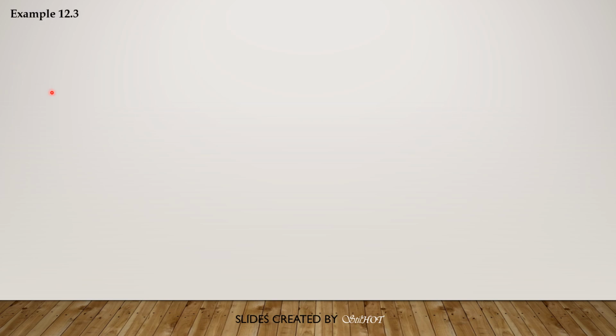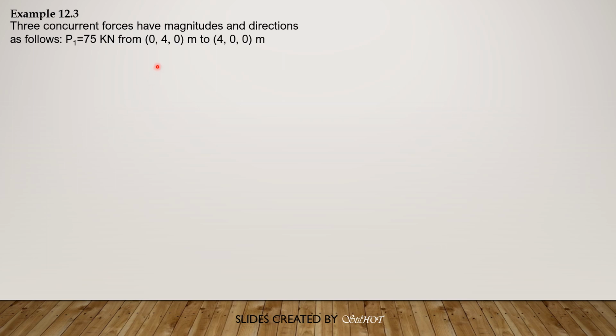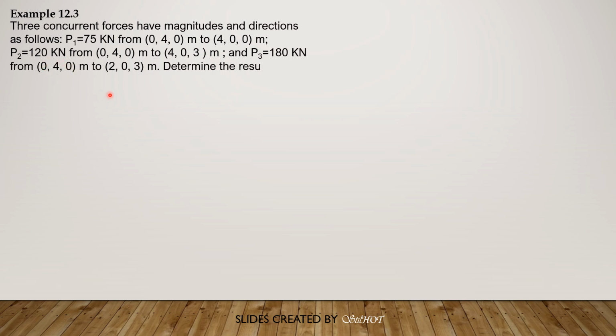So let's proceed to the third example. Three concurrent forces have magnitudes and directions as follows. P1 is 75 kilonewtons from (0, 4, 0) meters to (4, 0, 0) meters. P2 is 120 kilonewtons from (0, 4, 0) to (4, 0, 3) meters.